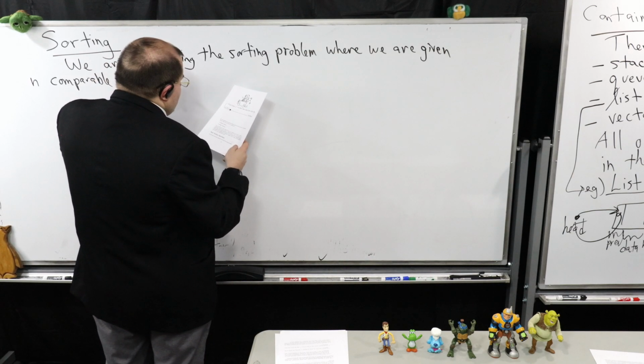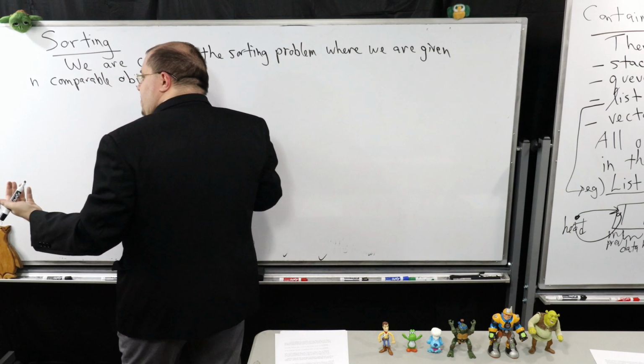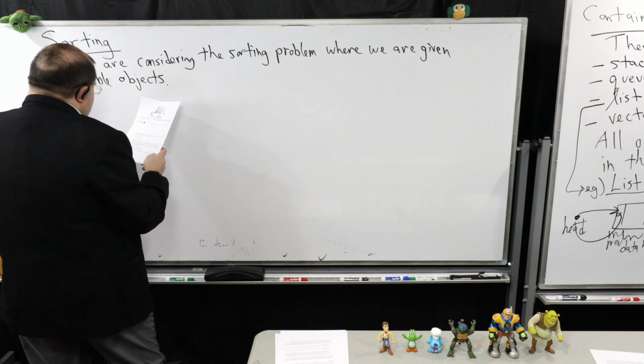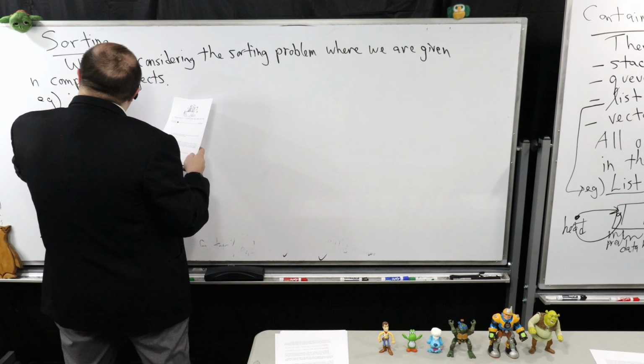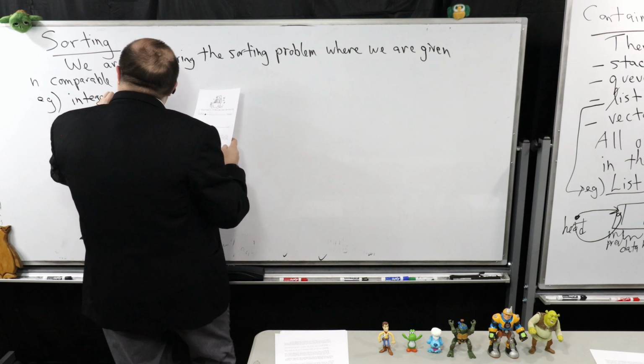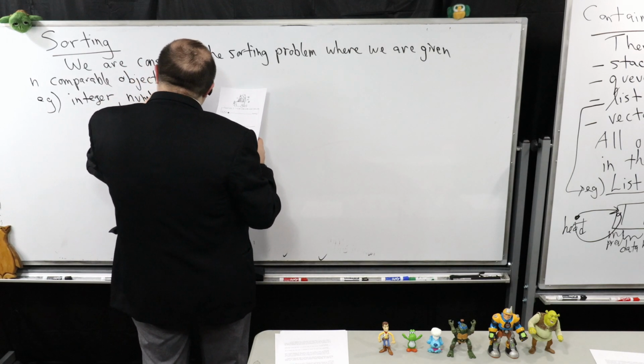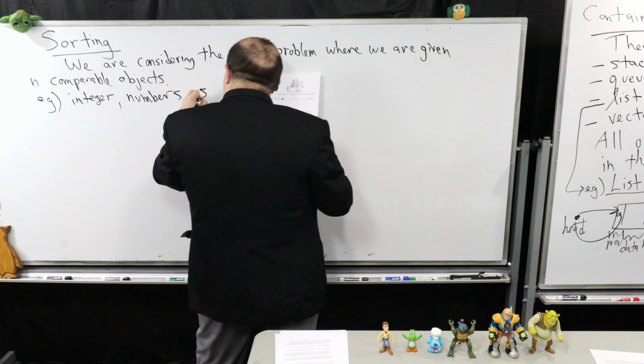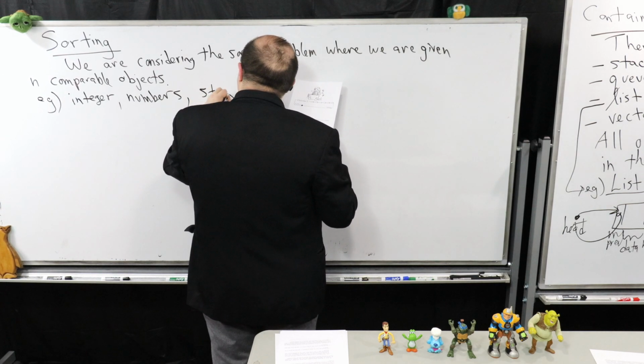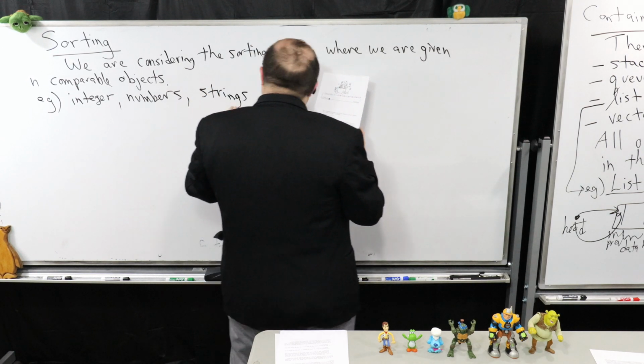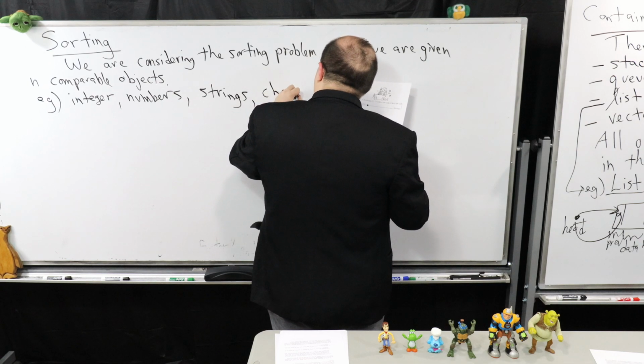I must stress many types are comparable. Just as an example, integers are comparable. Numbers typically are comparable. Strings are comparable. Characters can be comparable.